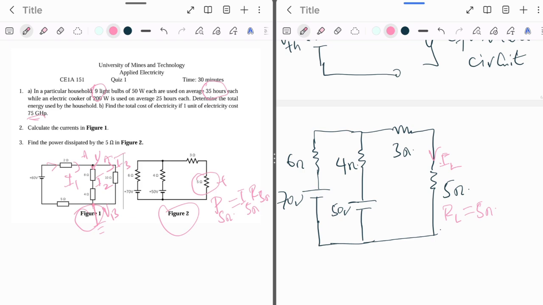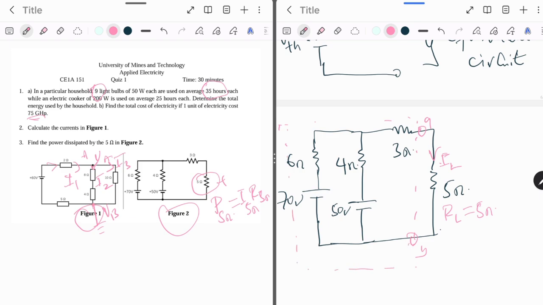Now we are going to divide our circuit diagram into two. I have the load, which is 5 ohms, and I'll indicate terminal A and terminal B here. So this is the load part, and here I have the no-load part.